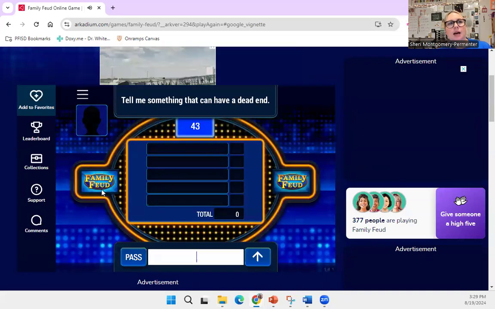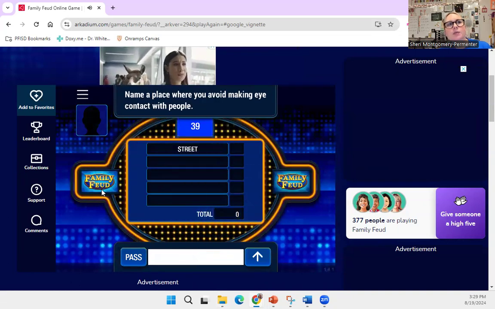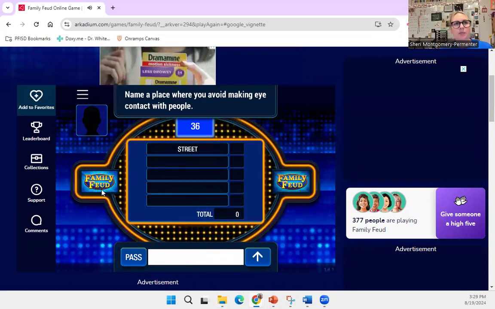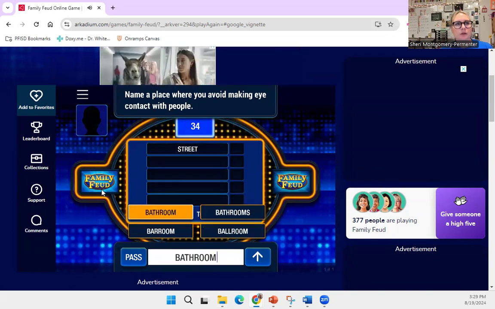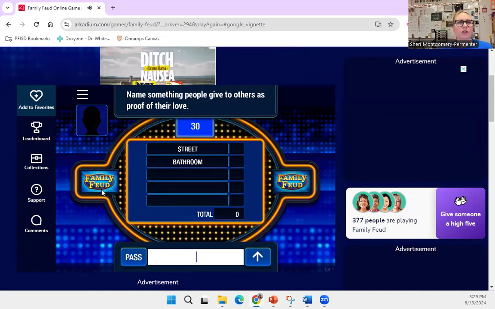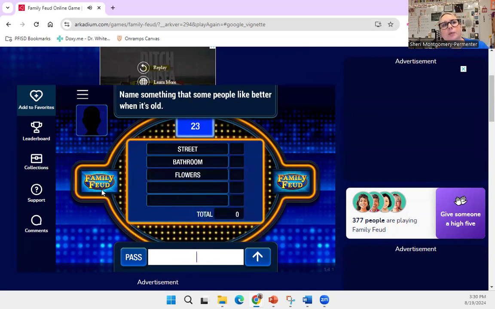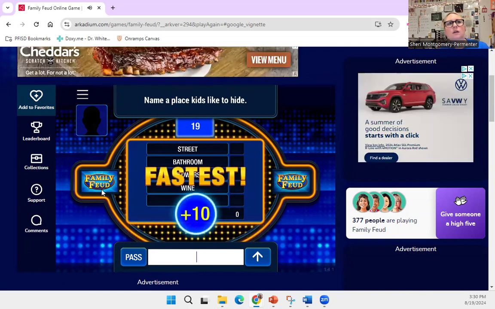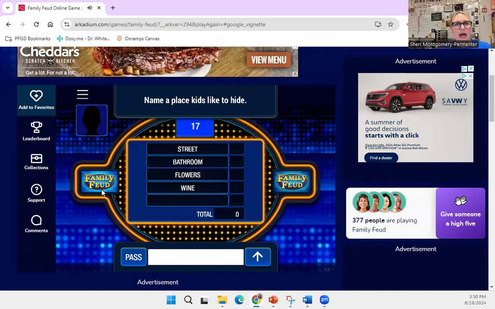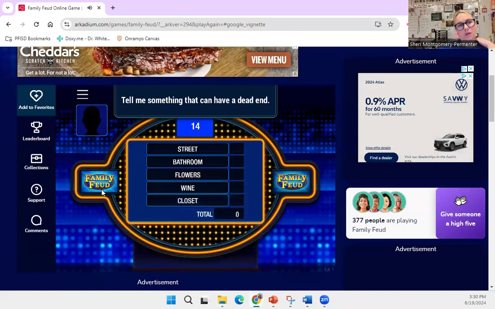Tell me something that can have a dead end street. Yep. Name a place where you avoid making eye contact with people. Bathroom. I agree. Name something people give others as a proof of their love. Flowers. Name something that people like better when it's old. Name a place kids like to hide. Or under the bed. Yeah, that's a good one.